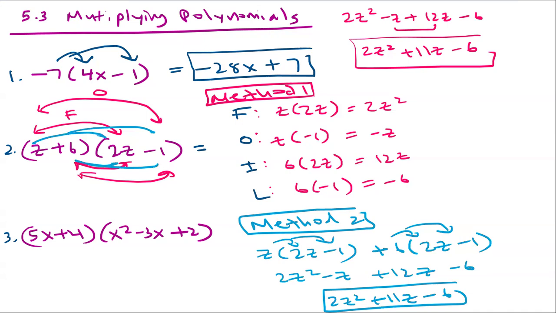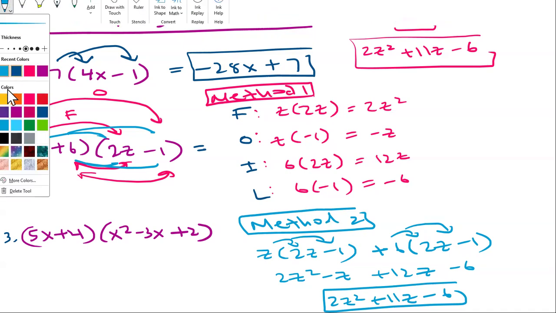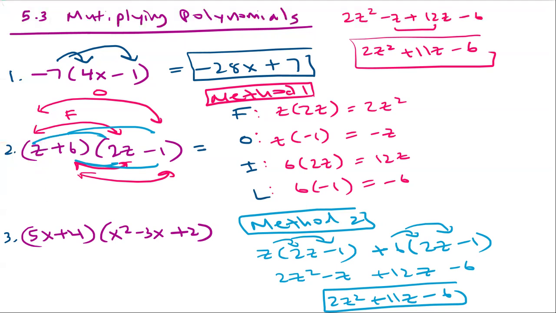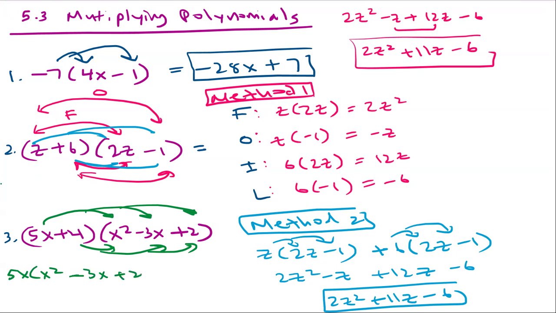Right? I'm going to do the exact same thing for the last one. Okay? So we have, I'm going to take this one, multiply it to each term, and then I'm going to take the second term, multiply it to each term. Okay, so that gives me 5x times x squared minus 3x plus 2.